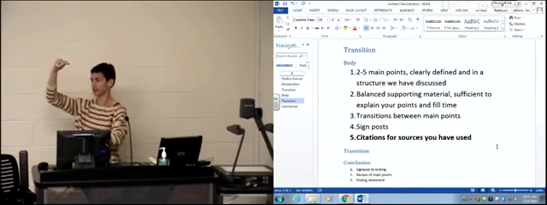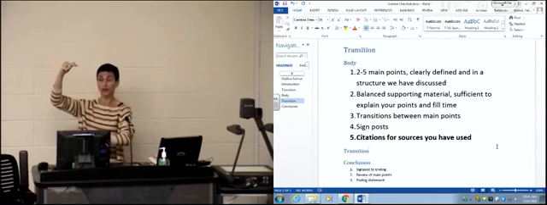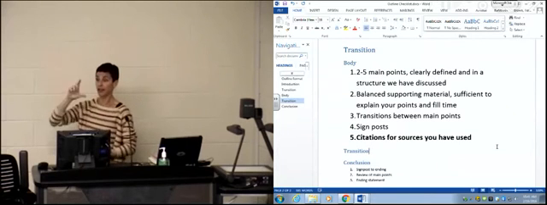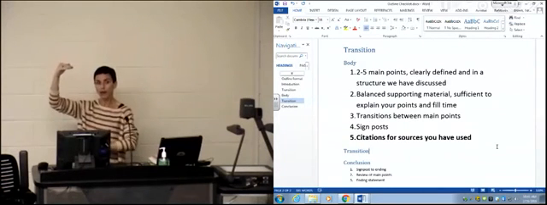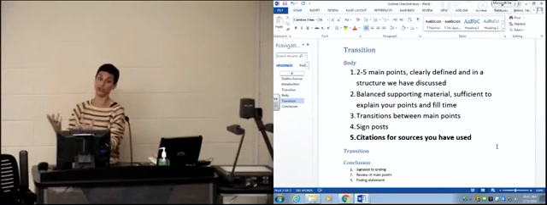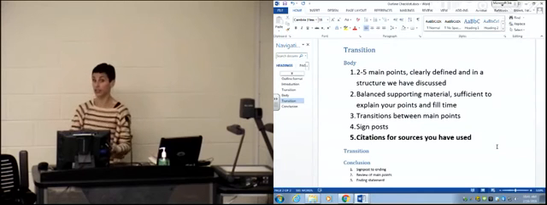We try to go for balanced. Sometimes it doesn't work, but the red flag is this. If 1 and 2 are very small and 3 is very large, then maybe I haven't explained sufficiently, described sufficiently, provided enough examples for 1 and 2.